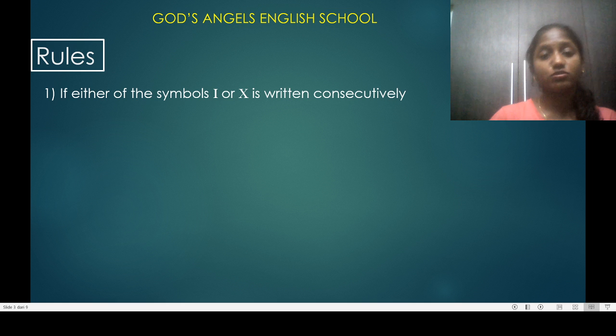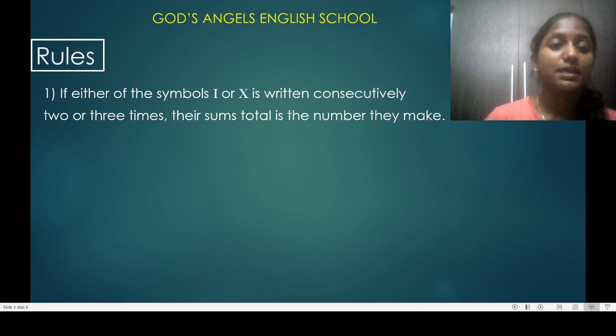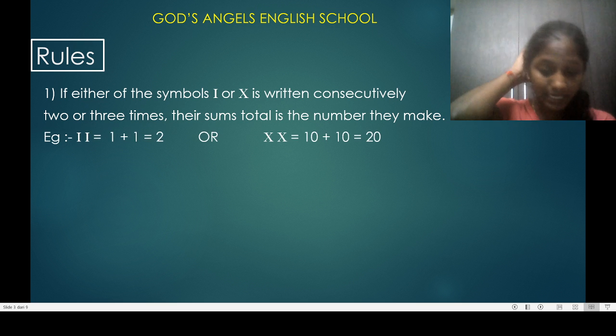So there are also rules in Roman numerals. If either of the symbols I and X, where I stands for 1 and X stands for 10, is written consecutively two or three times, their sum total is the number they make. So what is it telling?